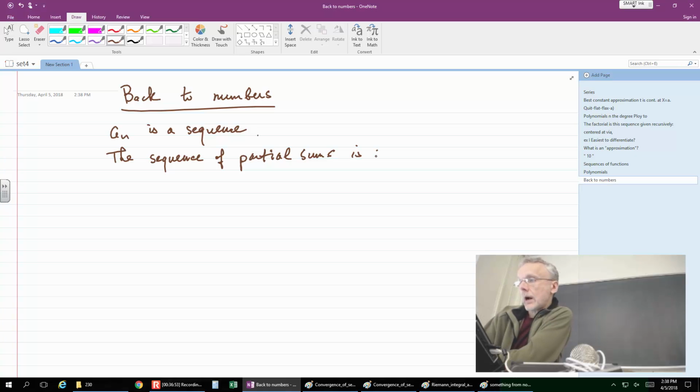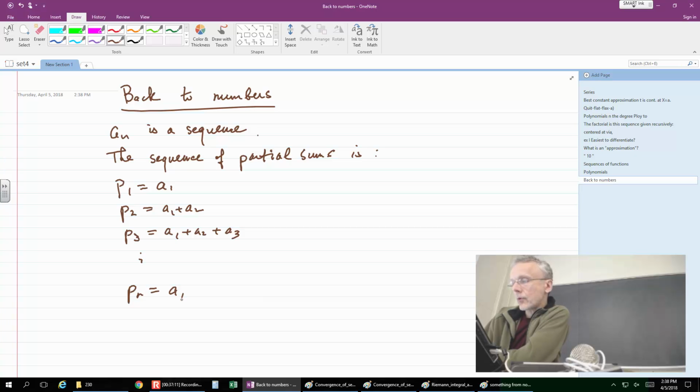So how? We will name them: P1 is equal to a1, P2 is equal to a1 plus a2, P3 is equal to a1 plus a2 plus a3, and so on.